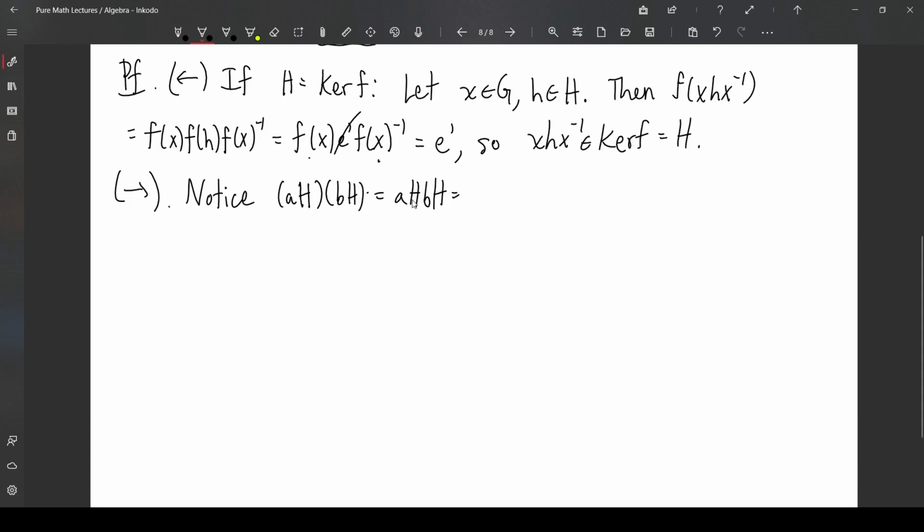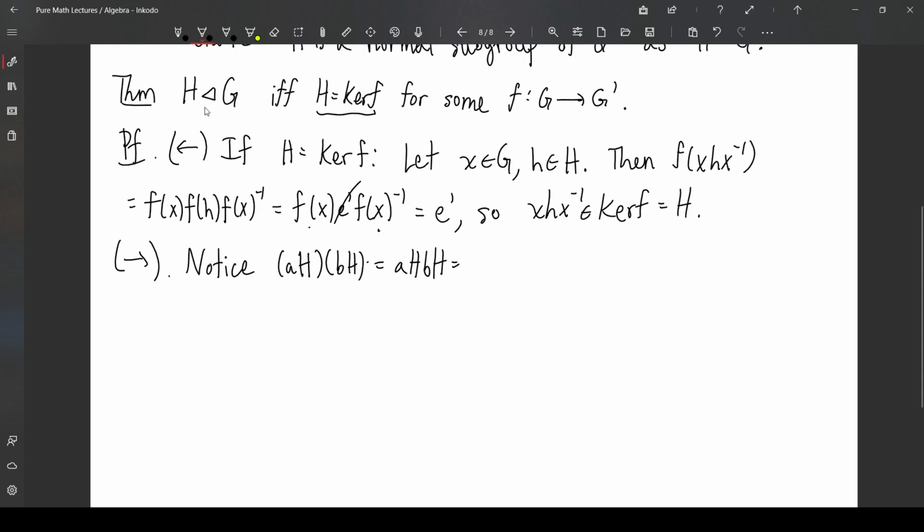Now, if we are using the fact that H is normal, right? So Hb, I can swap that around now. I can't normally do that, right? But now I can because of the normality condition. The normality condition says that I can always swap around a multiplication like that. Now HH is just H. And so I've multiplied two cosets and I've gotten another coset back.